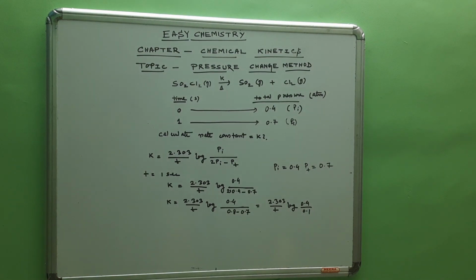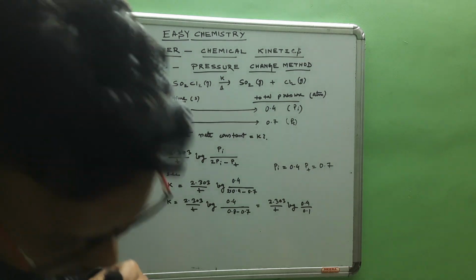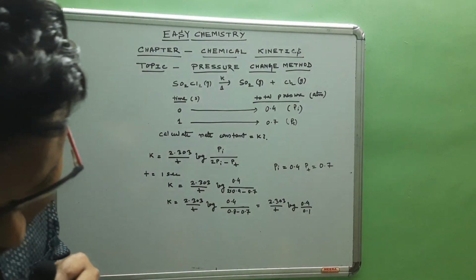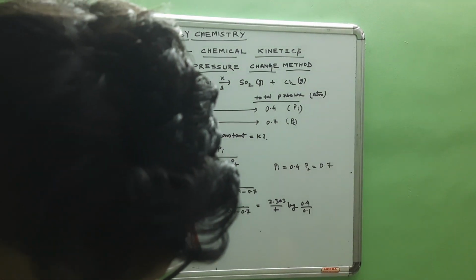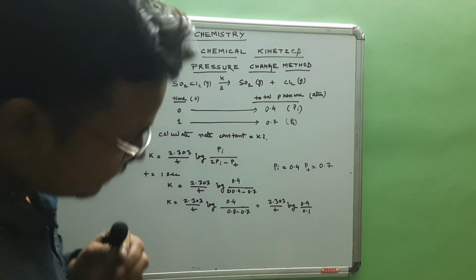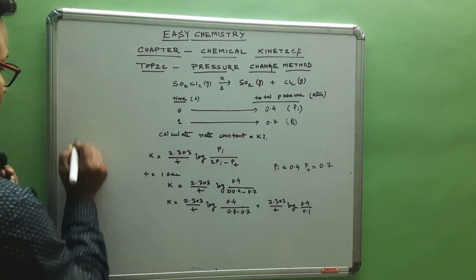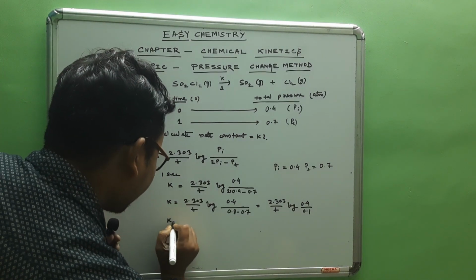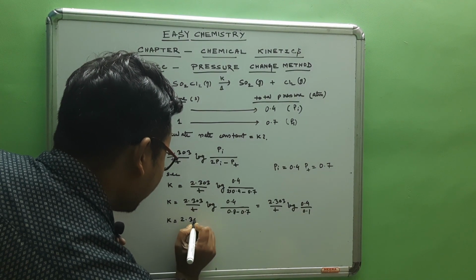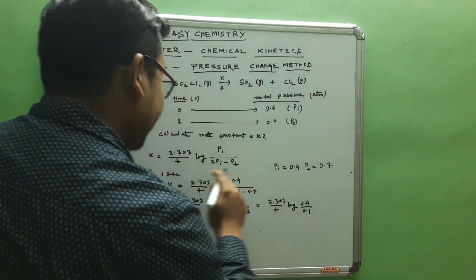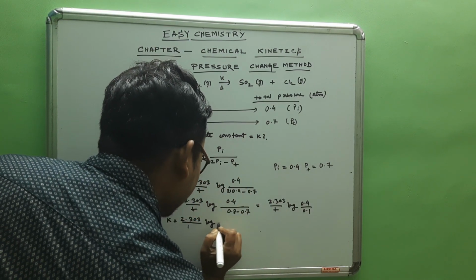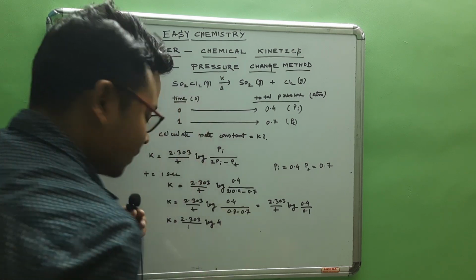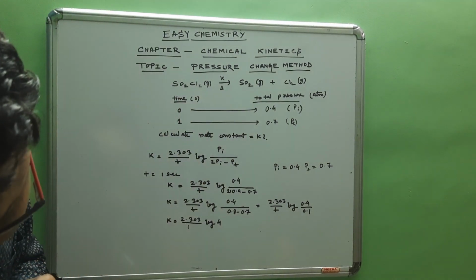So my dear students, I think you all can catch this class. So at last, what will it give? K equals 2.303. What will be the value of t? t is 1 second, so it is 1. So log 4.